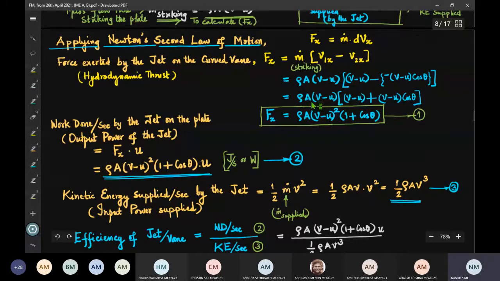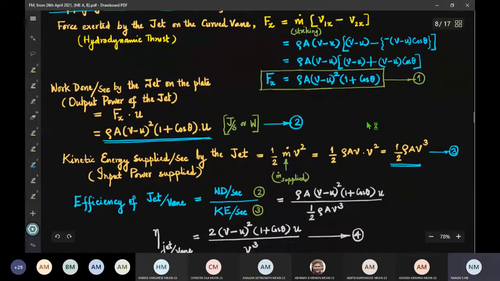So outside you have rho a into (v minus u), and that v minus u will now be squared. So rho a into (v minus u) whole squared, into, within the bracket, what remains is 1 plus cos theta.